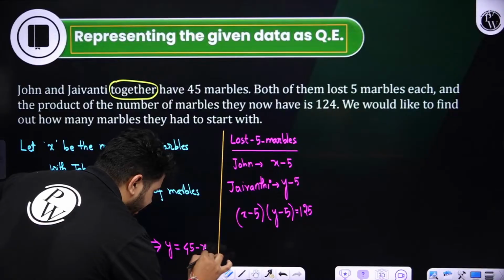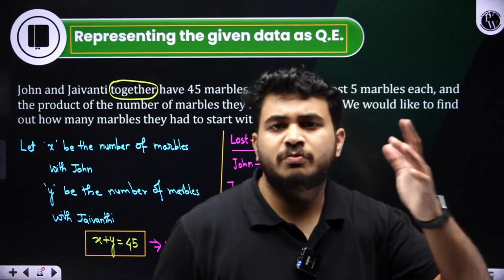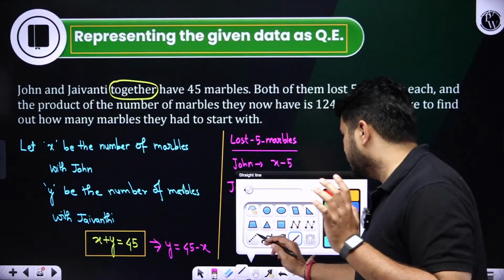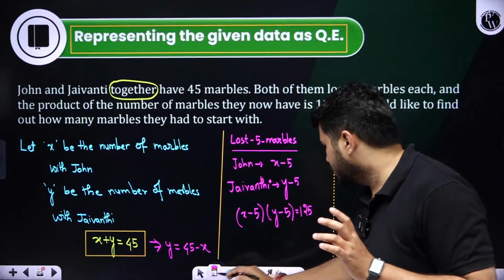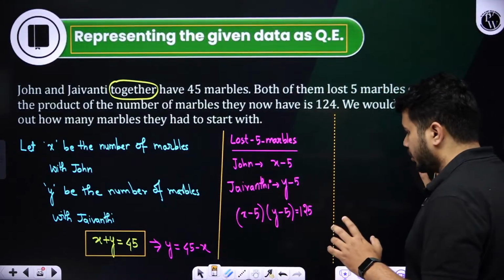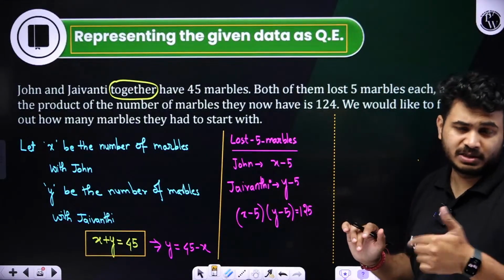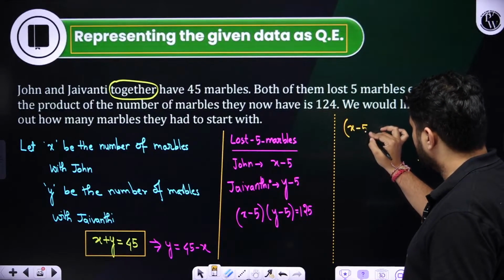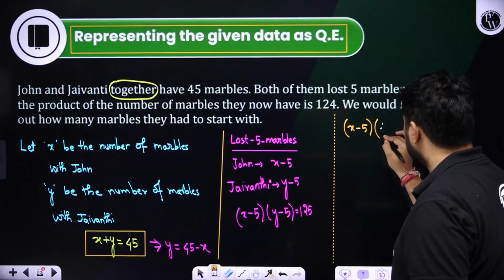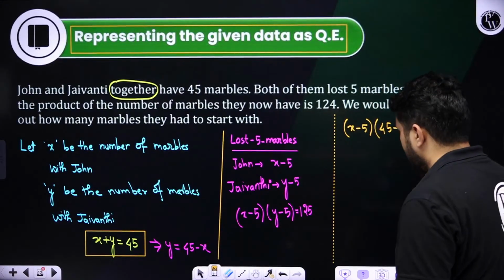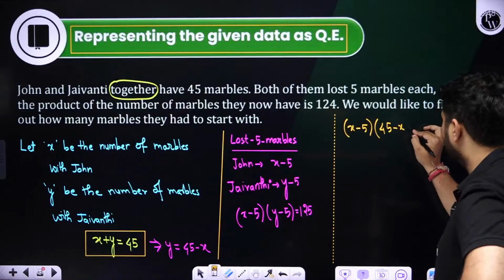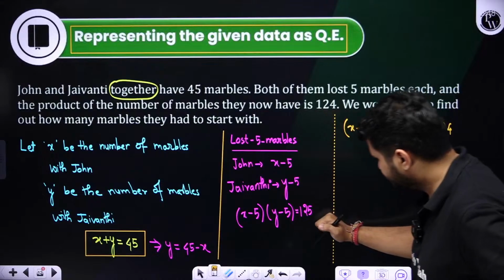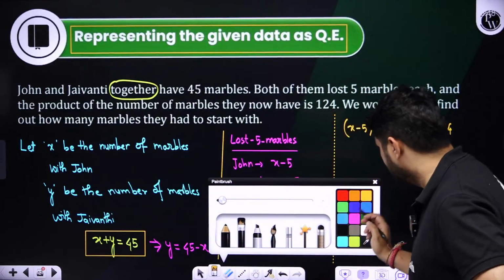A quadratic equation always has one variable, not two variables. So since it is not in two variables, we use the given product: x minus 5 times y minus 5 is equals to 124. Substituting y as 45 minus x, we get x minus 5 times 45 minus x minus 5 is equals to 124.